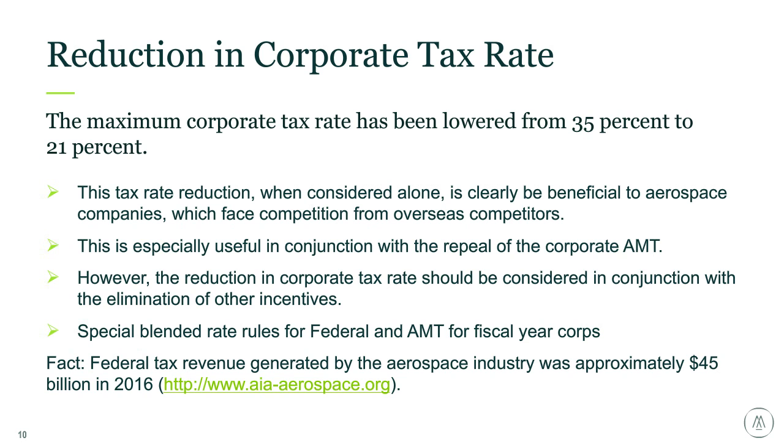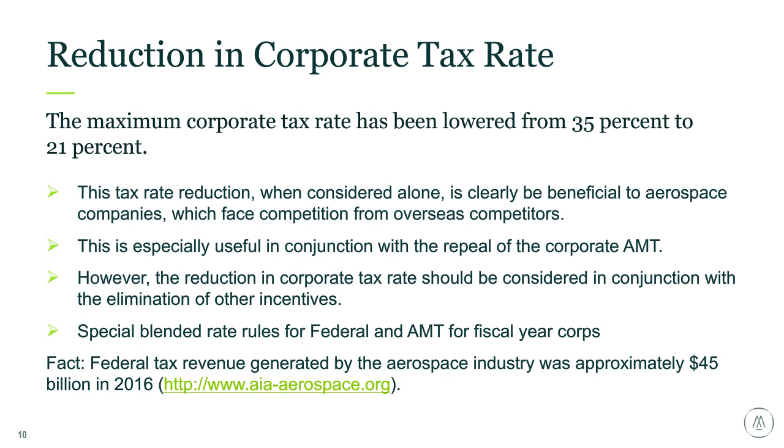Another key thing here is that fiscal year filers are going to need to use a blended rate for the transition year. The transition year is defined as the year that has the day January 1st, 2018. This blended rate is going to be based on the number of days before January 1st, where the old rules apply, and then the number of days after January 1st, where the 21% rate applies.